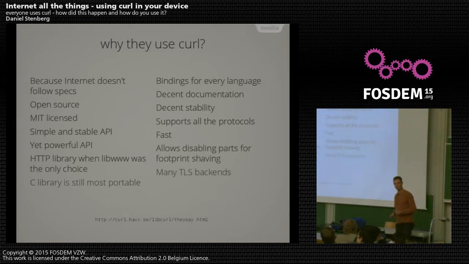I don't know of any other projects that support as many TLS backends, and that's kind of a hobby of mine. We support 11 different TLS libraries. I don't think anyone here can even name 11 different TLS libraries. That's a challenge for me too, but there are many TLS libraries, and we support 11 of them.